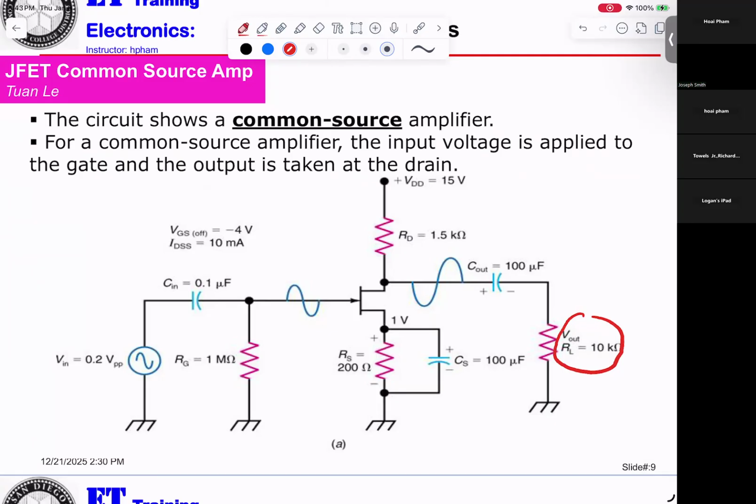And for self bias, in order to solve it for DC, you need the graph, and normally for technicians, they're not using a graph, they're not giving it out. So that's why they give you one thing.